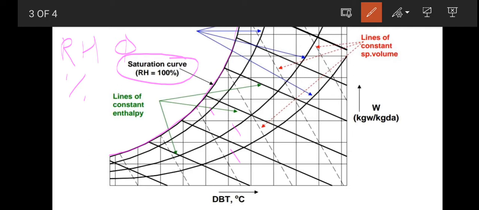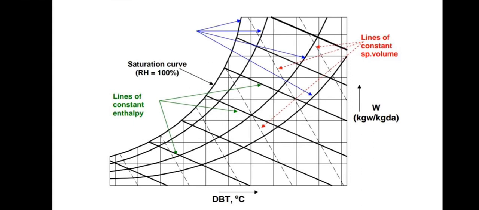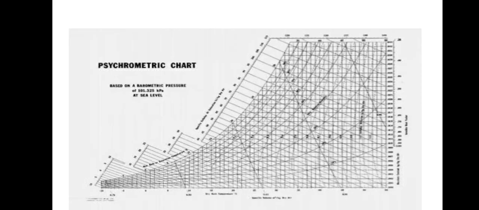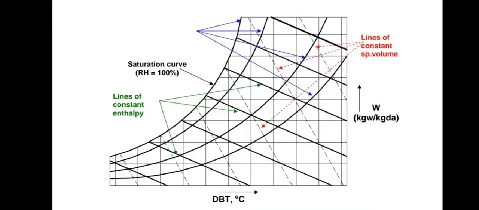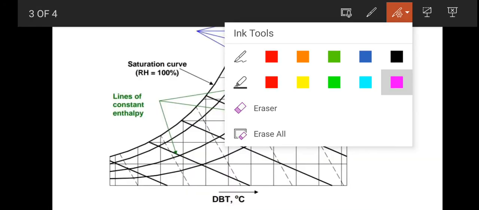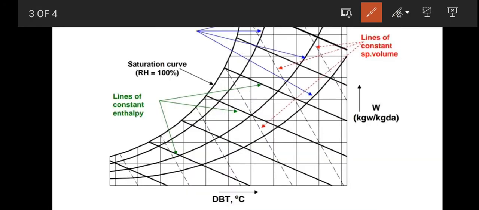Then we have the WBT lines. All the enthalpy lines also indicate the wet bulb temperature.